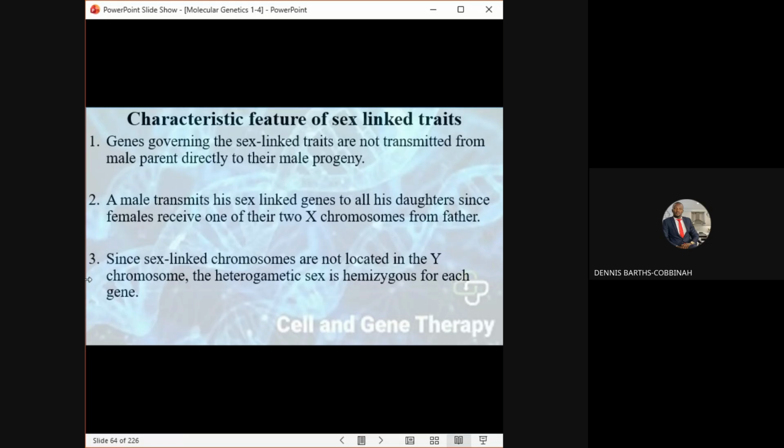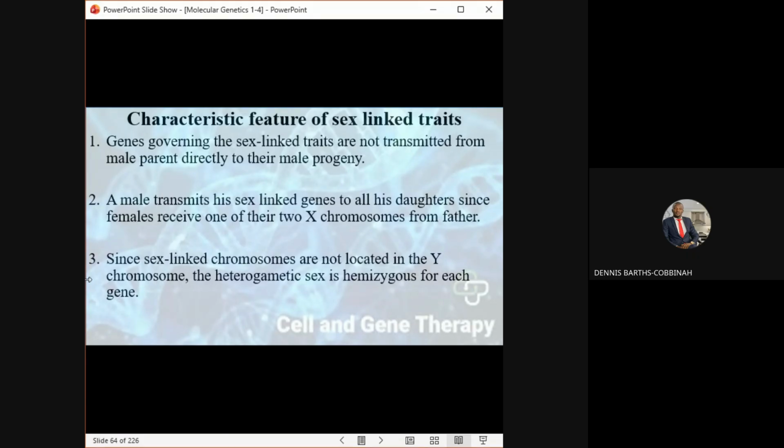They are not transmitted from male parents directly to their male progeny. And this is it. A father is always transmitting the Y chromosome to the boy or male child. So even if the father has a trait or a defect gene on his X chromosome, he is not going to transmit it directly to the male child, because he is going to transmit the Y chromosome, which does not have the defect gene.